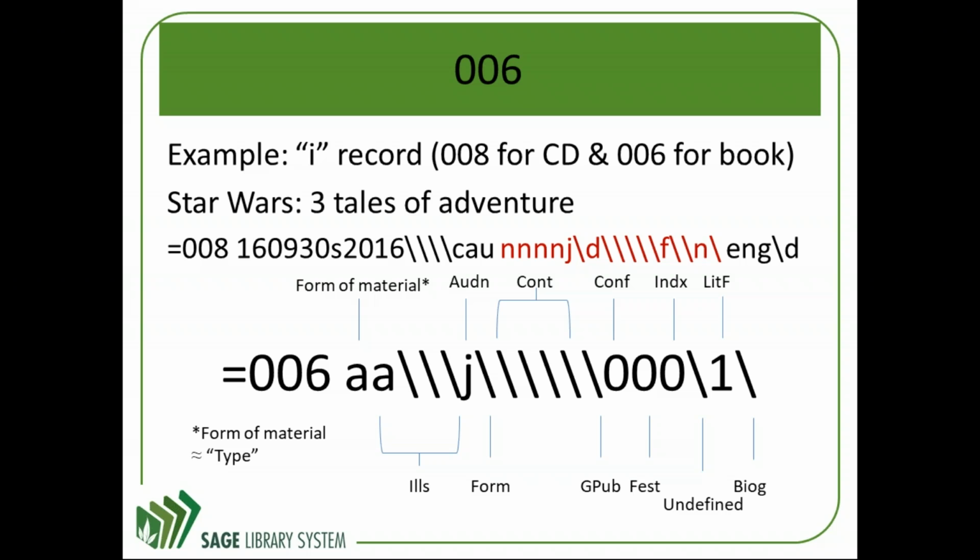And then that last one, again, it's not a biography and doesn't have biographical content. So you can see there's a little bit of information that parallels in the 006 and the 008, but not necessarily. You can't actually look at the fixed fields for this record and just easily create that 006.